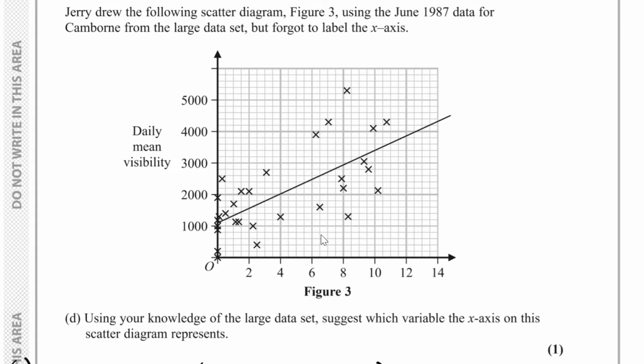Well, the way to think about this is, as one variable increases, the other also increases. And we can actually use a bit of common sense here. Of course, the more we can see, in other words, the greater the daily mean visibility is. Essentially, we want something that corresponds to this increase in visibility.